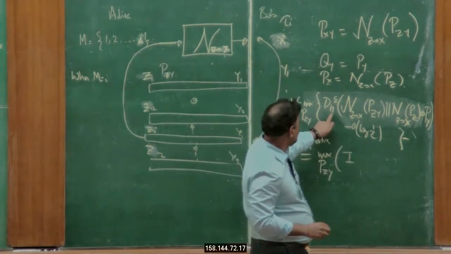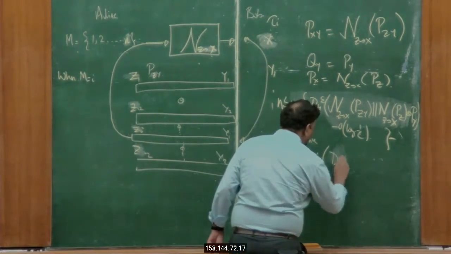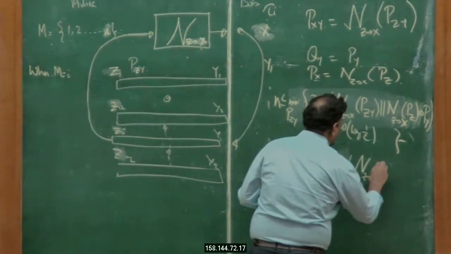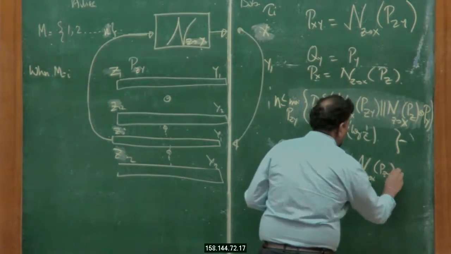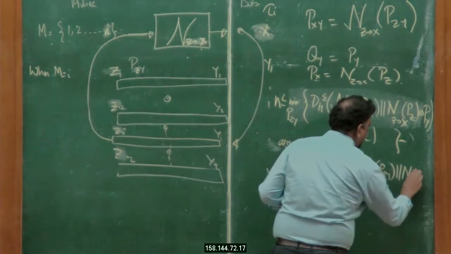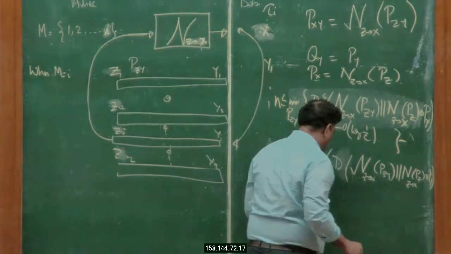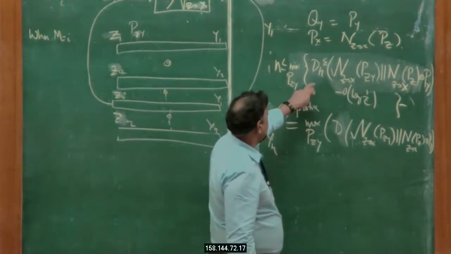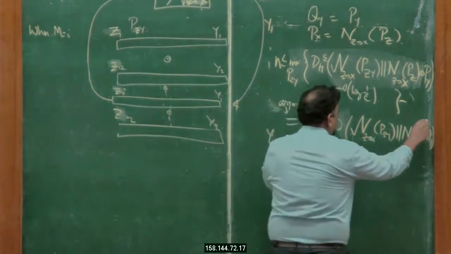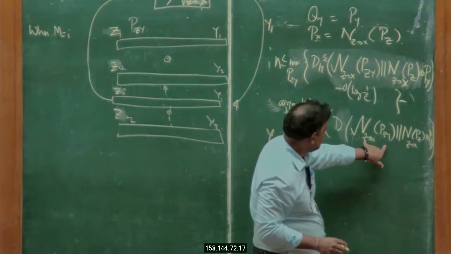So this becomes, let me first say D. So this will become D of, okay. In the asymptotic setting, both DH and Dmax go to D. And what is this?